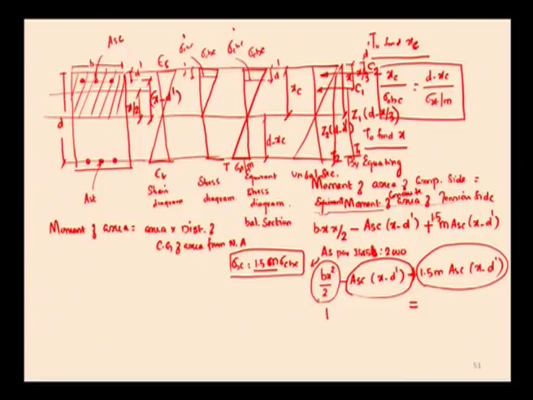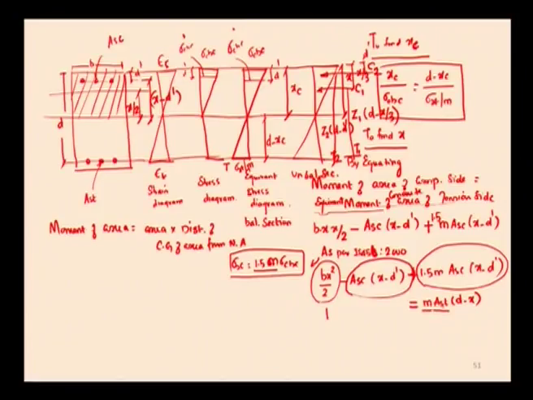So, here this is the moment of area of the compression side, which must be equal to equivalent moment of concrete area of the tension side, that is equal to m into AST into d minus x, where m is the modular ratio, A is the area of steel.